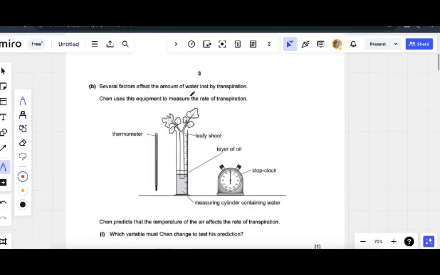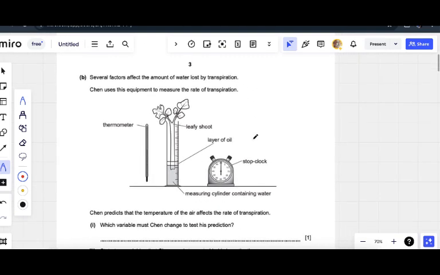Several factors affect the amount of water lost by transpiration. Water is lost in the leaf by a process known as transpiration.